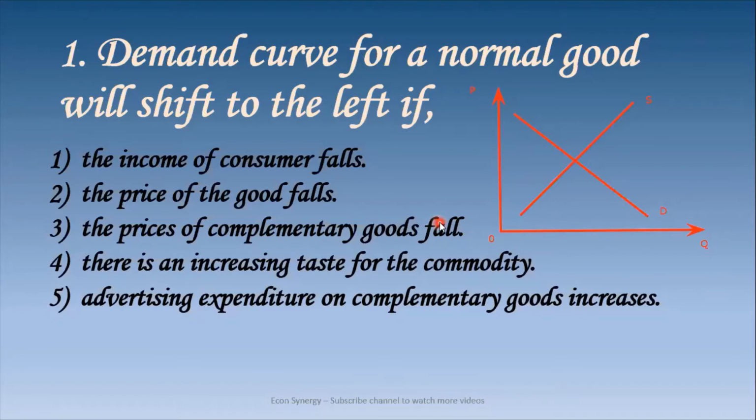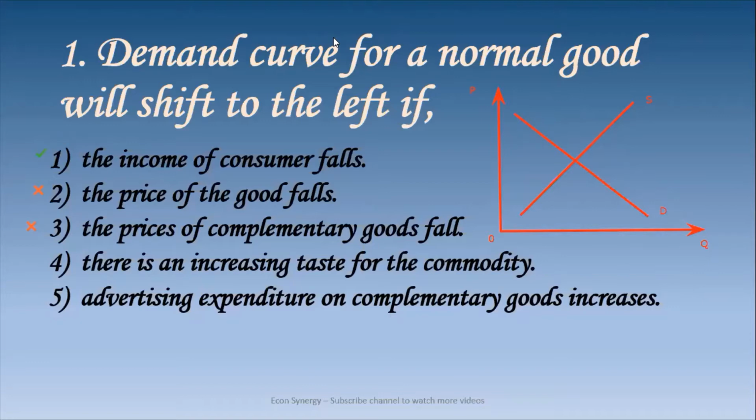That means when computer price falls, more computers will be demanded, and with more computers, more software will be demanded. In that case, the demand curve shifts to the right, not to the left. Therefore, this one is wrong. Then the earlier one is correct. This one is also wrong.